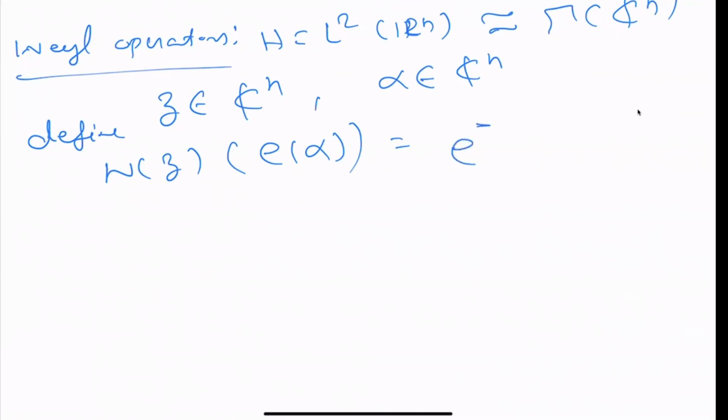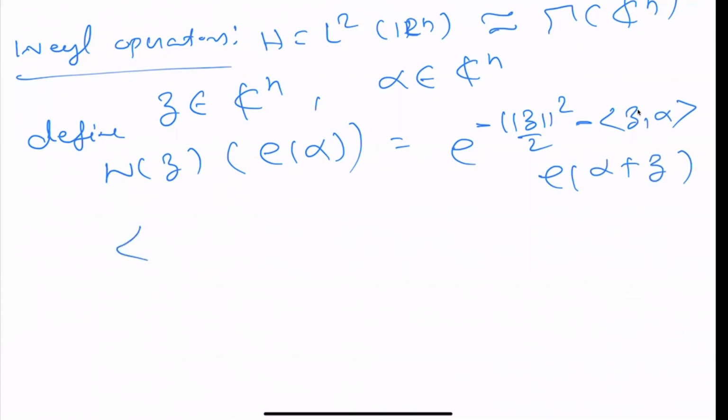This is e to the minus norm Z squared by 2 minus the inner product between Z and alpha, times E of alpha plus Z. I mean, it is just E of alpha going to E of alpha plus Z. But you need those scalars to make it unitary. Otherwise, it will not be unitary. So W of Z preserves the inner product. You can verify. We have verified these things in the last course.